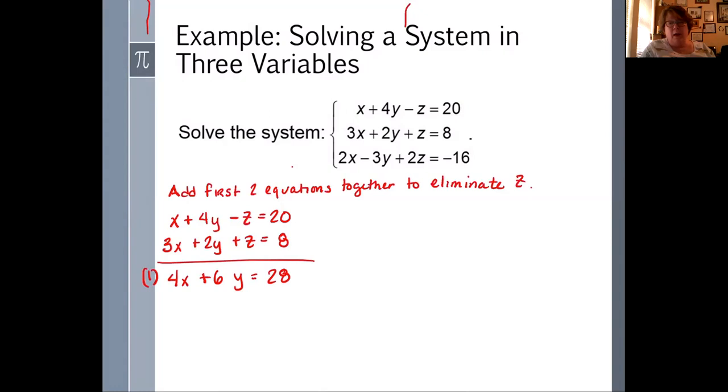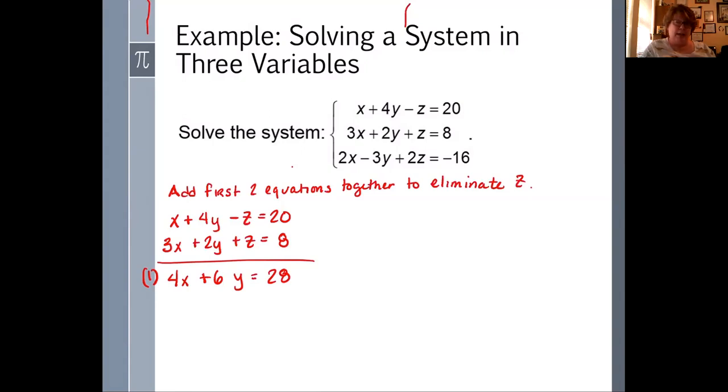So now I'm going to either pick the first and the third equations and eliminate z, or pick the second and the third and eliminate z. It appears to me that if I multiply the first equation by 2 and then add that to the third, that would be an easy way to eliminate z.